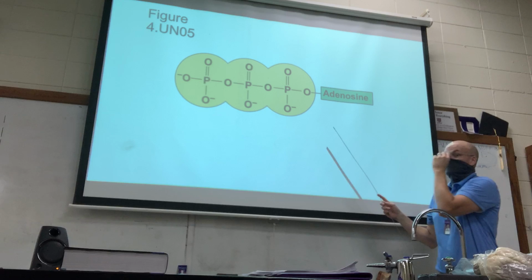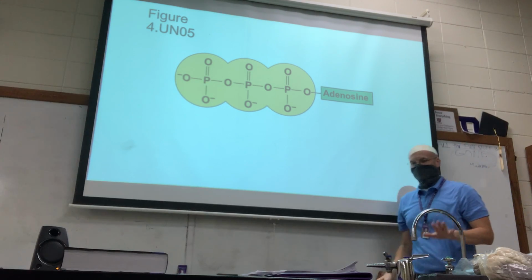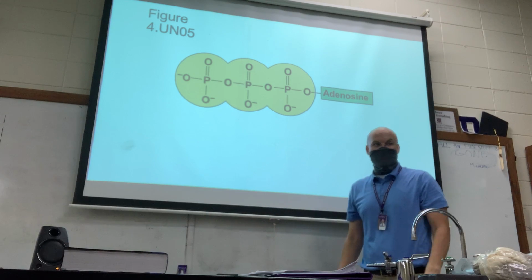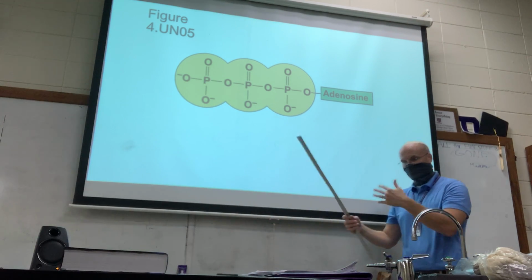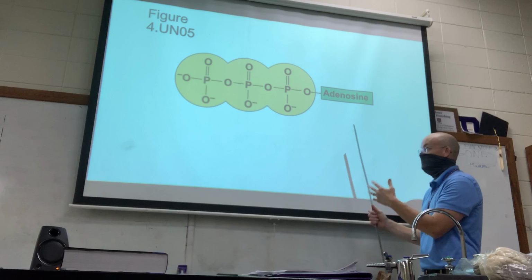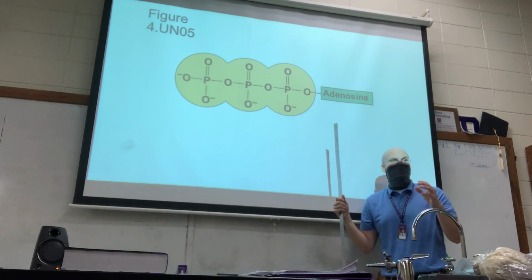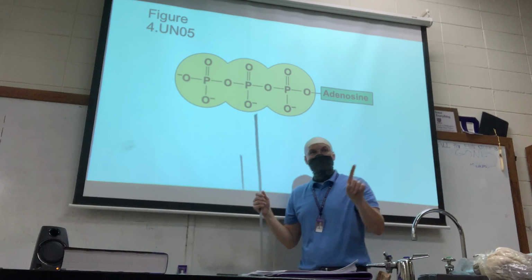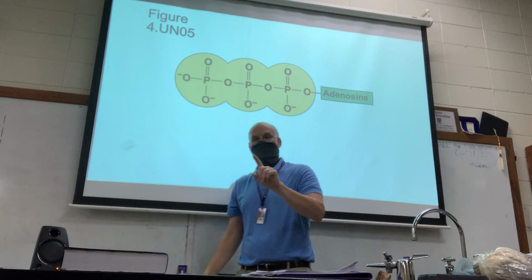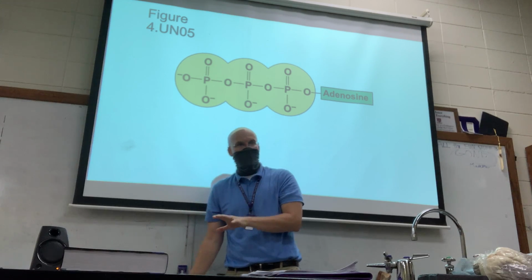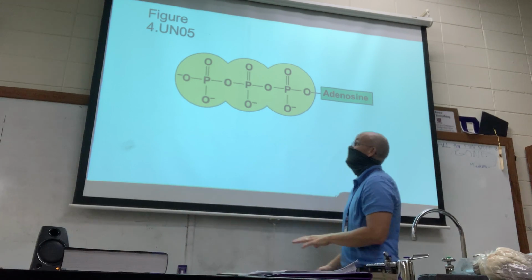A lot of times in your biology textbook, and in all sorts of materials related to chemistry, there are parts of molecules that are important but don't necessarily matter as much in the discussion that you're having about the chemical.